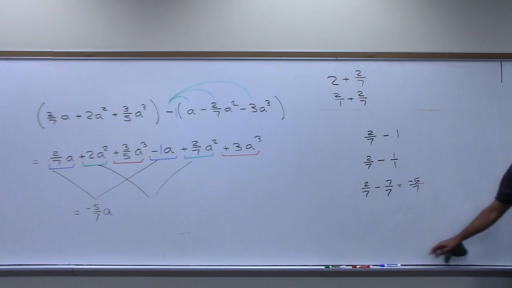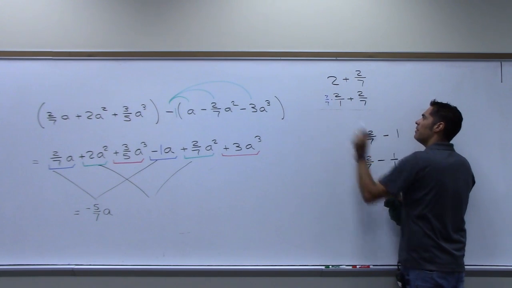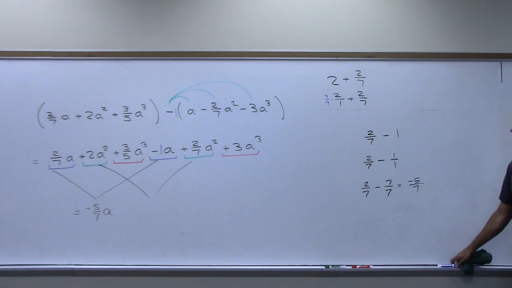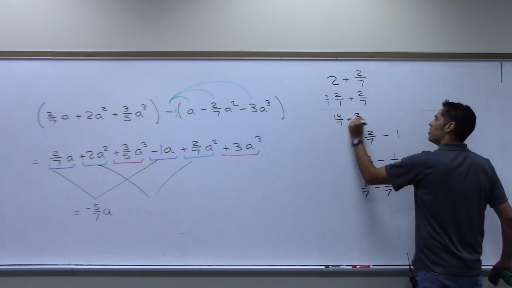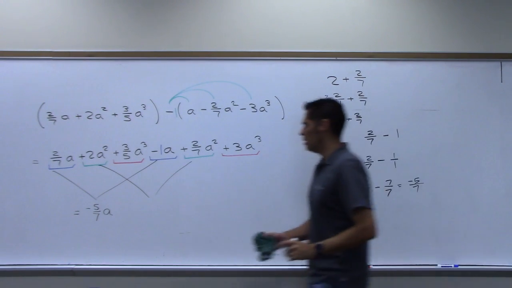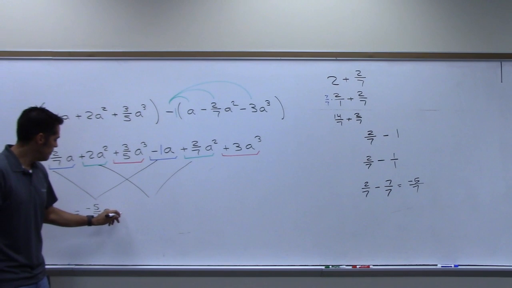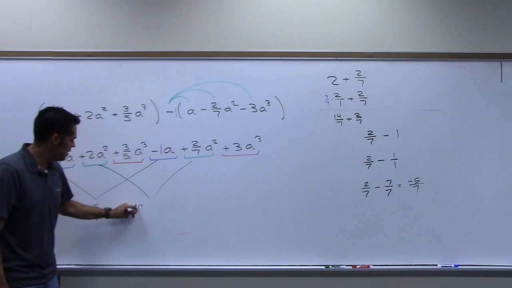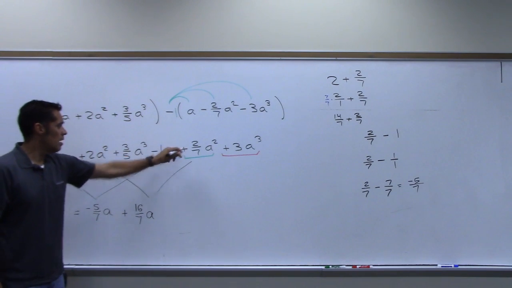I need a common denominator. 7, so I multiply top and bottom here by 7. 14/7 plus 2/7, which is 16/7. Positive, right? Plus 16/7 a, that was a squared, right?